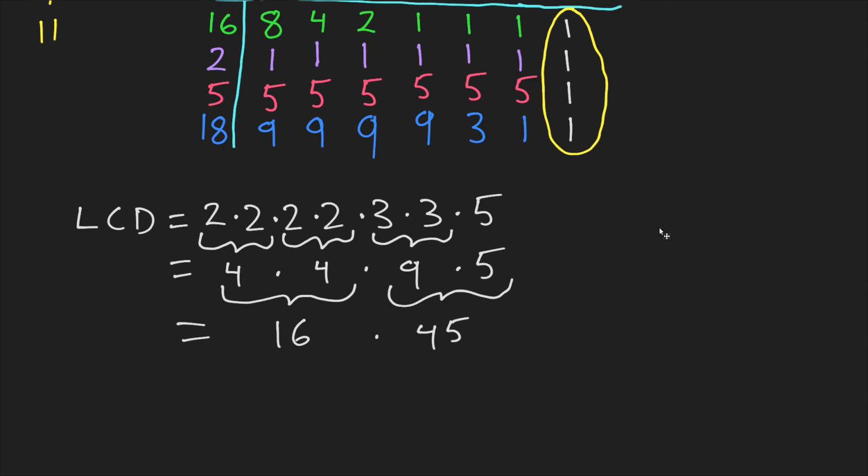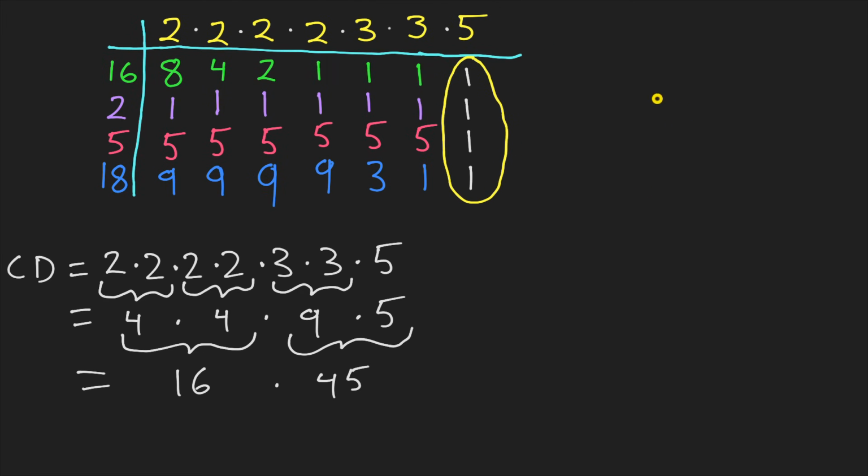So what's 16 times 45? Let me just do the arithmetic here in the top margin. So what's 45 times 16? 6 times 5 is 30. 6 times 4 is 24 plus 3 is 27.